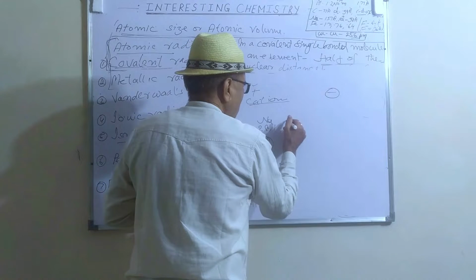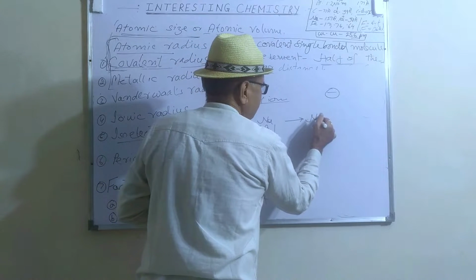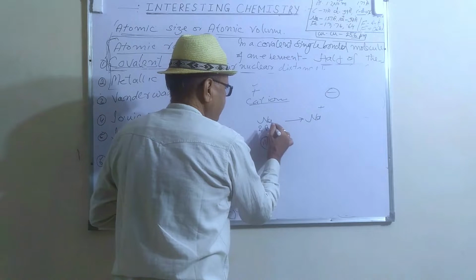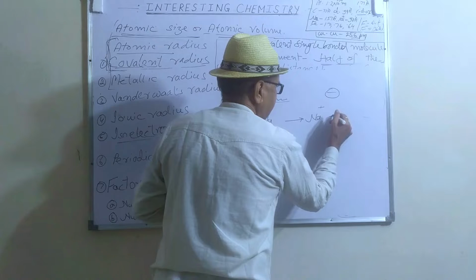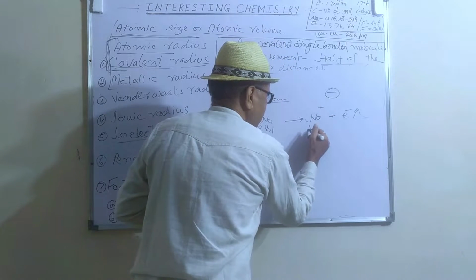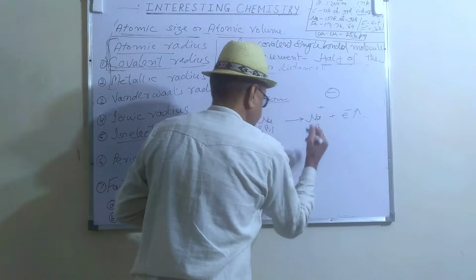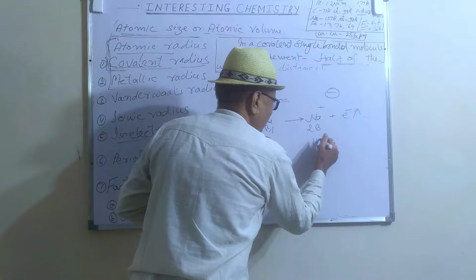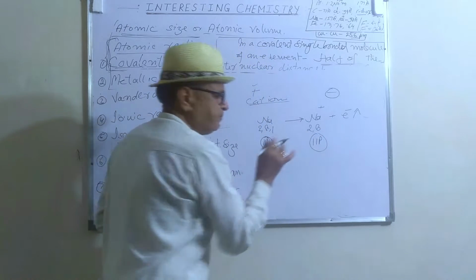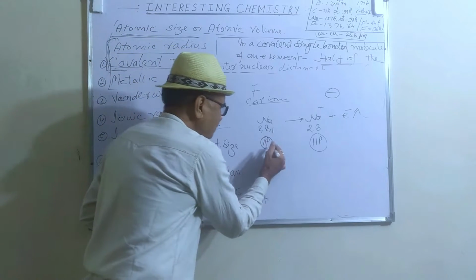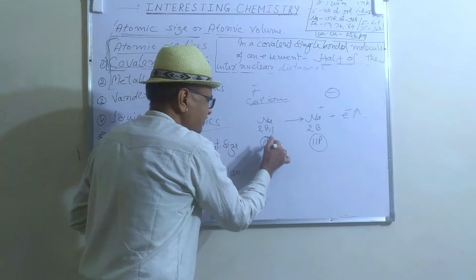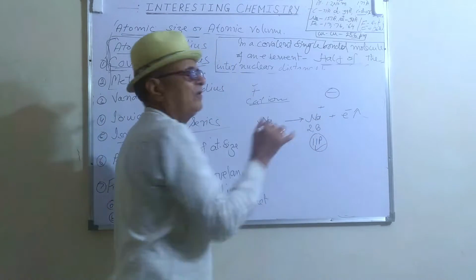When one electron is removed from this sodium atom, the remaining ion is Na+, with the nucleus of 11 protons. So both the atom and ion have the same nuclear charge, 11 protons and 11 protons.